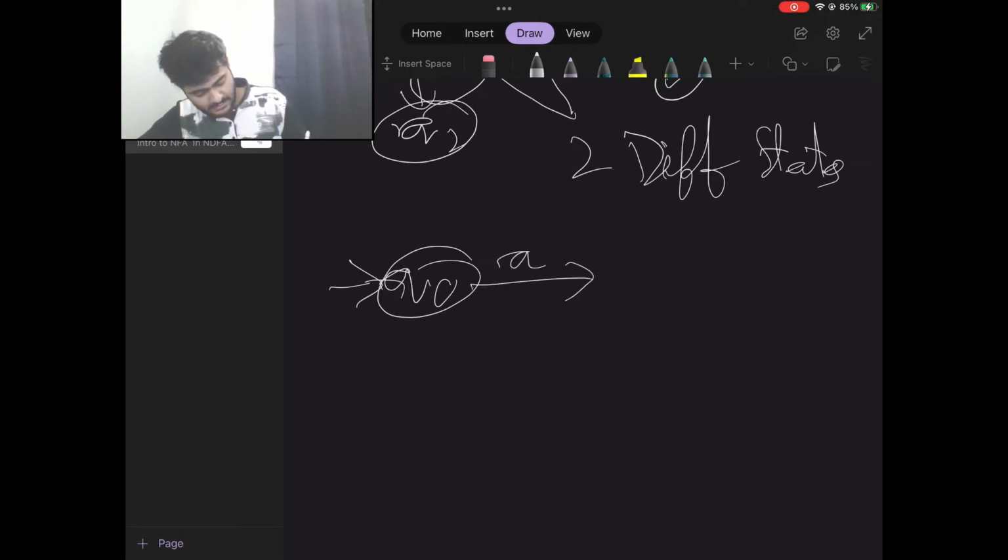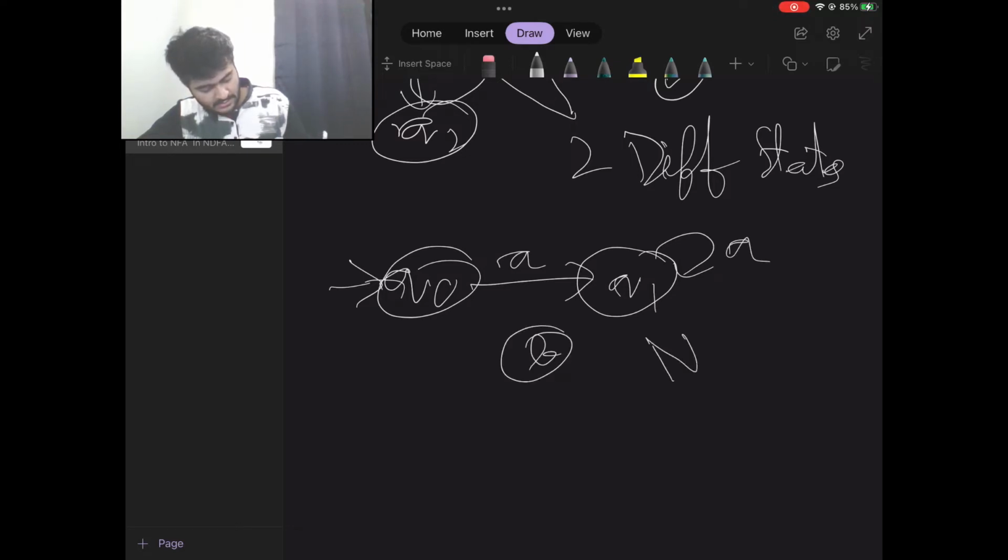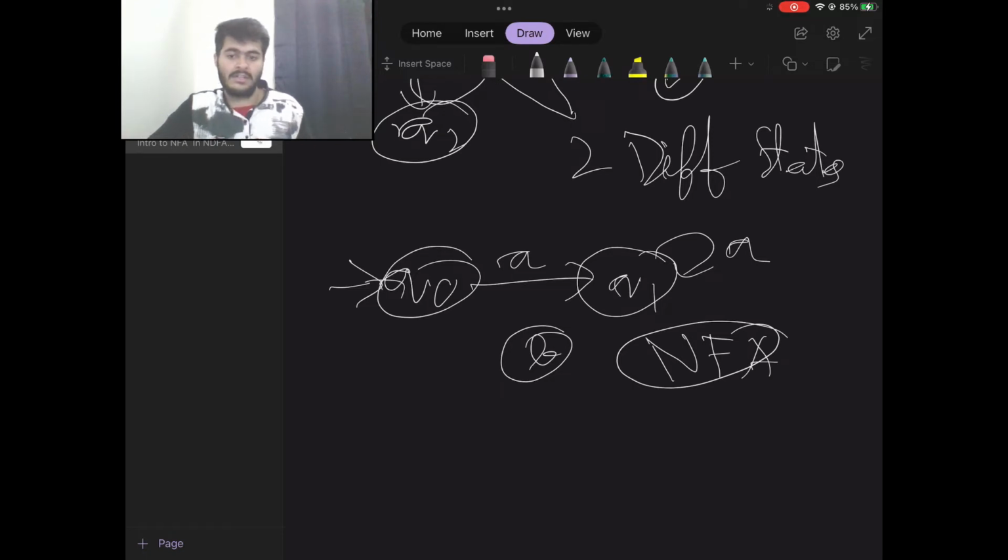If we have inputs A and B, just define it like this. You don't have to do anything else. B is not there, that doesn't mean anything. So this is the non-deterministic finite automata for this.